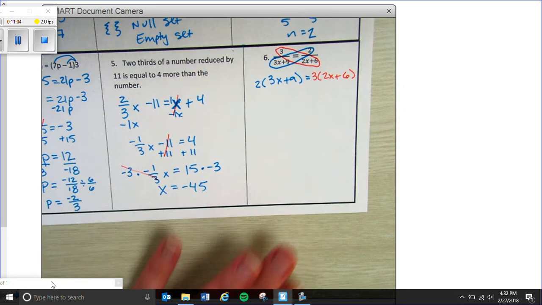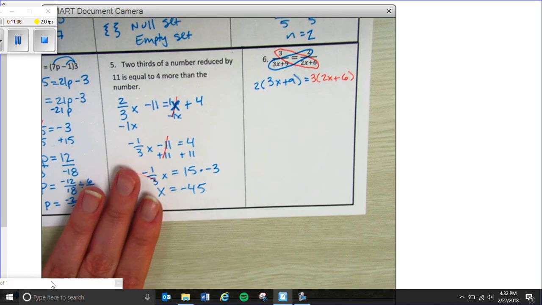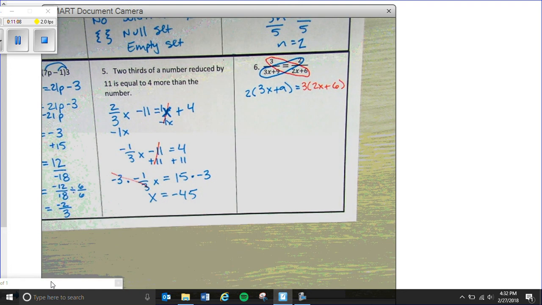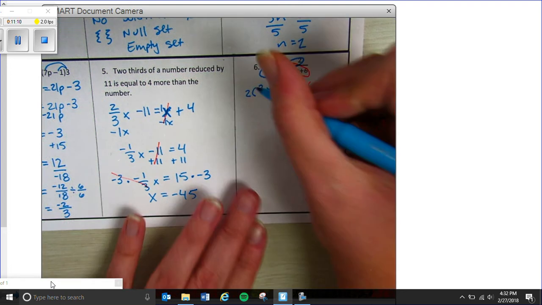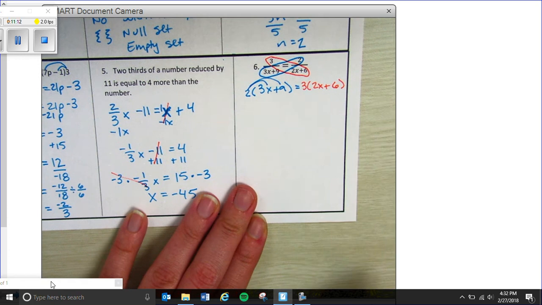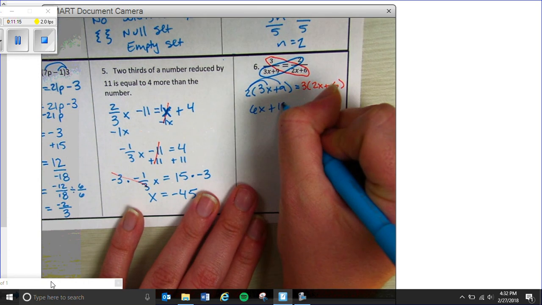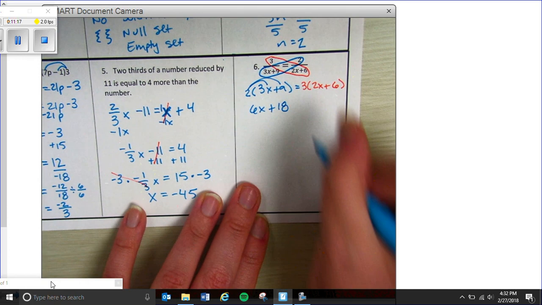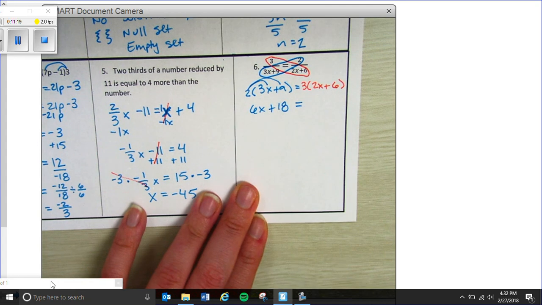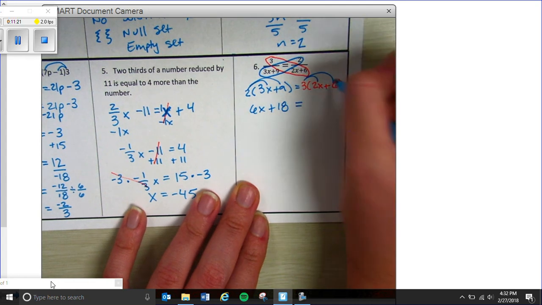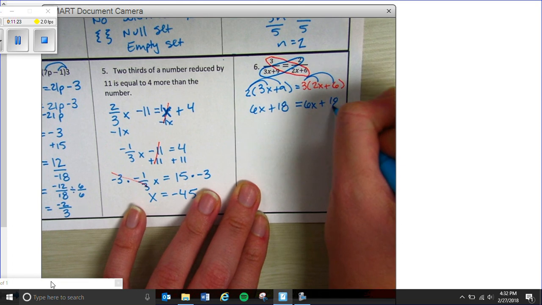It's on the right-hand side. Again, I have 2 places to distribute here. I have this 2. 2 times 3x is 6x plus 18 equals, and then I need to distribute this 3. 6x plus 18.